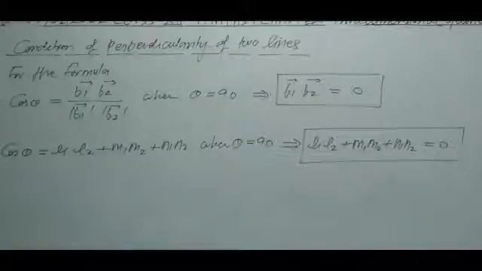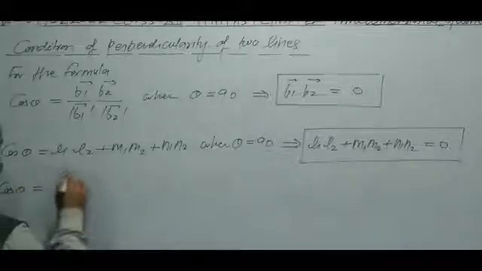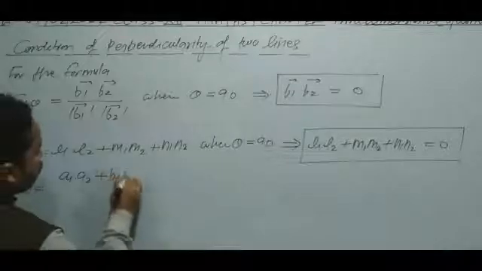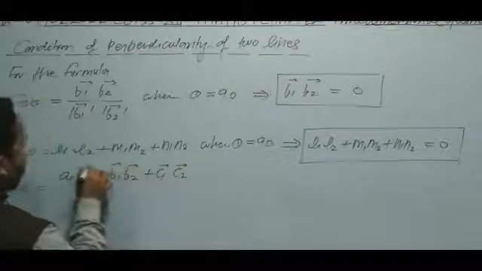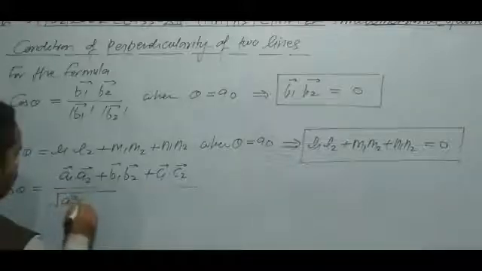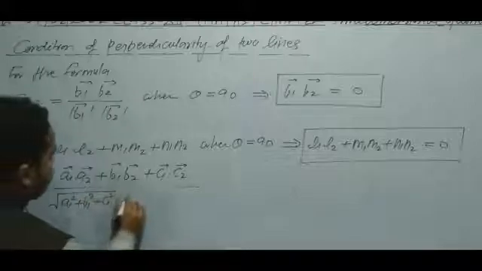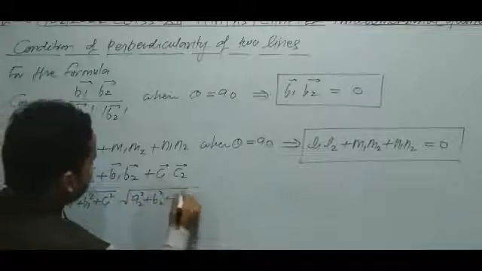And third is for the formula cos theta is equal to a1 a2 plus b1 b2 plus c1 c2 whole upon under root a1 square plus b1 square plus c1 square into under root a2 square plus b2 square plus c2 square.